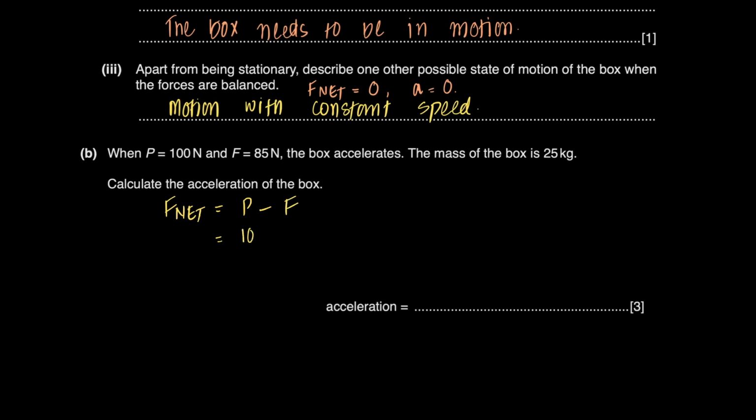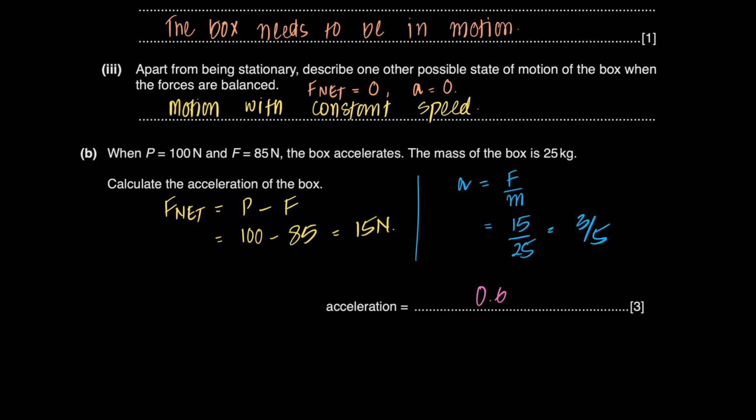So that's 100 minus 85, which comes out to be 15 newtons, right? And the acceleration can be known to us by rearranging F equals ma, which is going to be F over m. I can just put it directly, but here's a slightly different way of doing it. 15 over 25. This is 3 over 5. Put that in a calculator. You will get 0.6 meters per second squared.